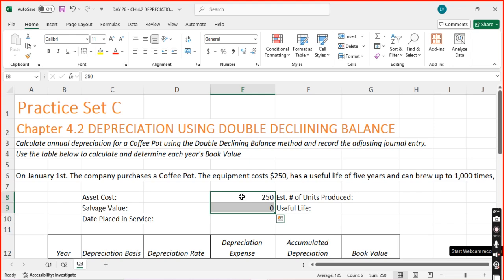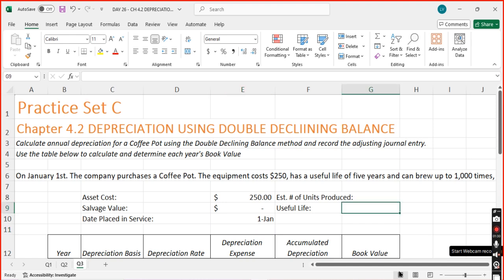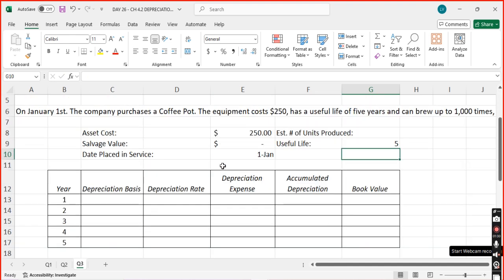And what's the date that we place it into service? January 1st. So again, if we end the year December 31st, you'll depreciate for a whole year. And what is the estimated useful life in years? 5 years. We don't really care about how much it can produce.